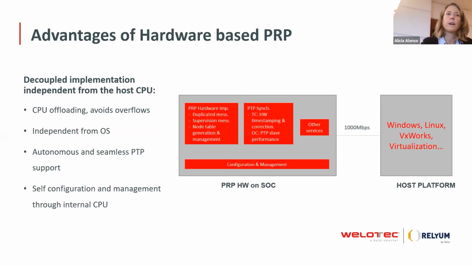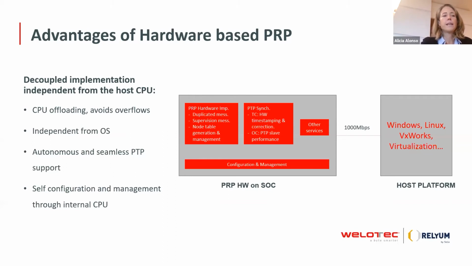It will be completely decoupled, and it has the benefit that it offloads the CPU from having to do some extra computing or processing, for example, for generating the supervision frames, duplicating, removing duplicates, and so on. So it's a great benefit for the CPU because it prevents overflows in the processing of the main application. The CPU of the host is focused on the main user application, for example, the control of the substation in the SCADA or the control of the performance of the protection. And PRP is implemented separately from that.